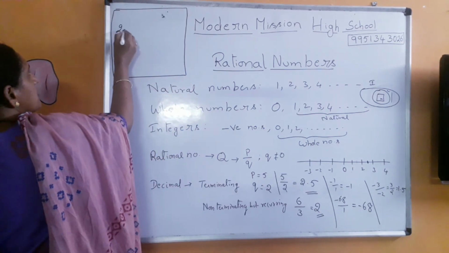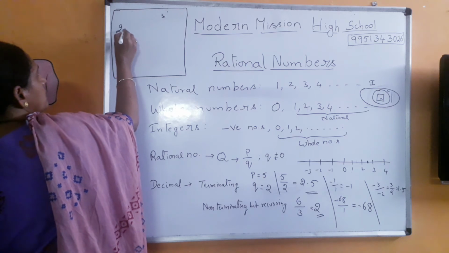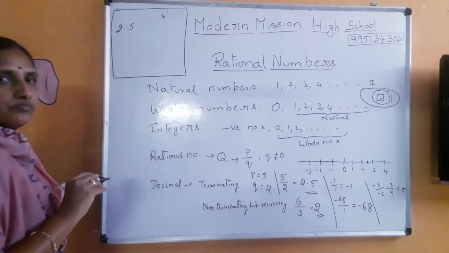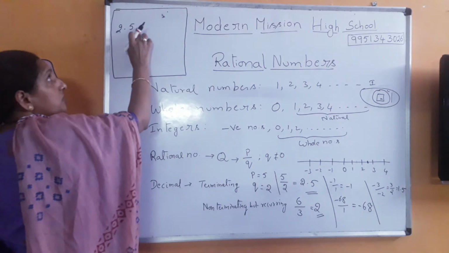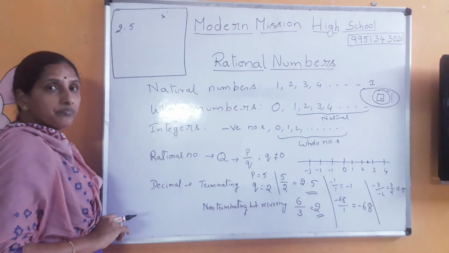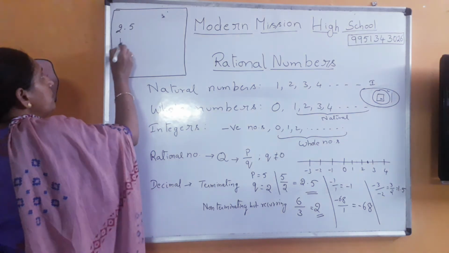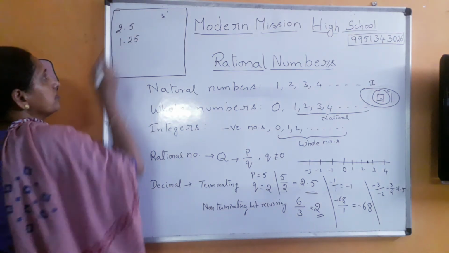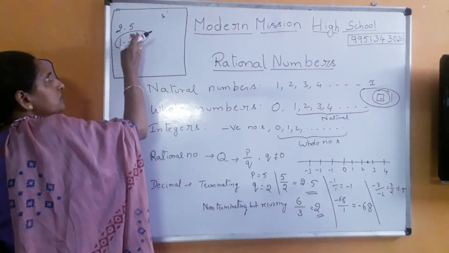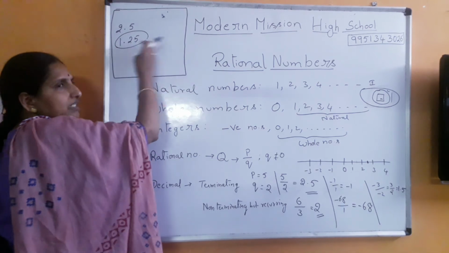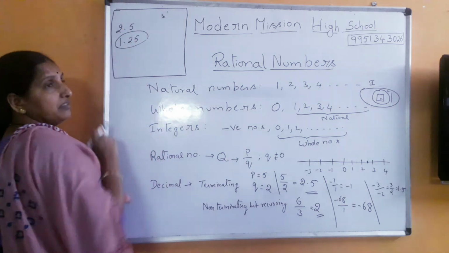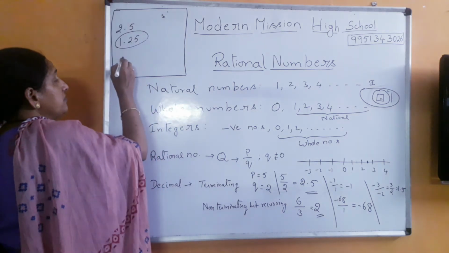See, I'll write 2.5. It ended with 5. It is not continuing. It is terminated. Take 1.25. It stopped. The number given here is just 1.25. There are no other digits here. So it is terminating, ending at 5.